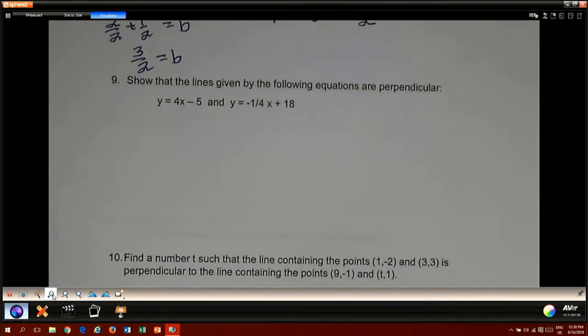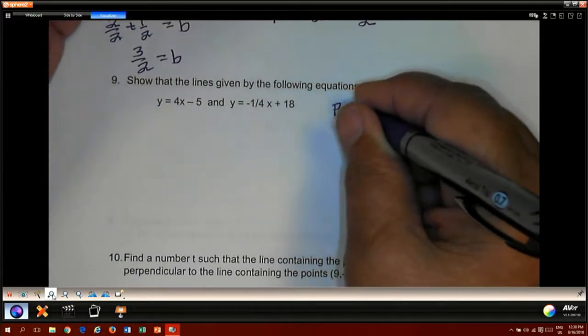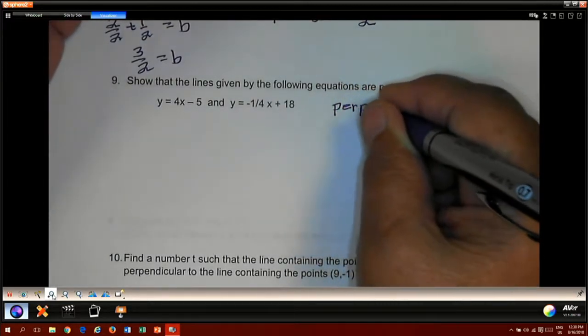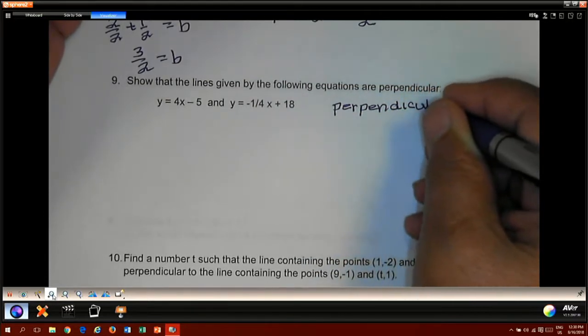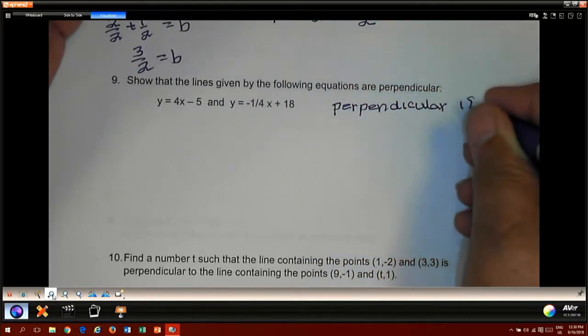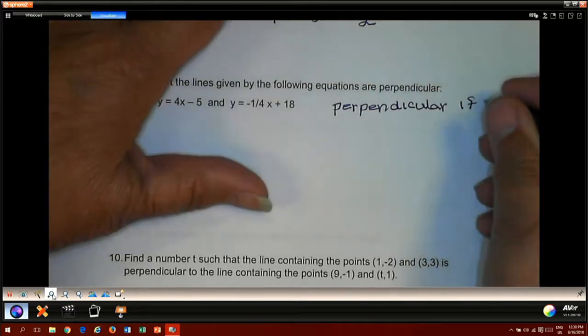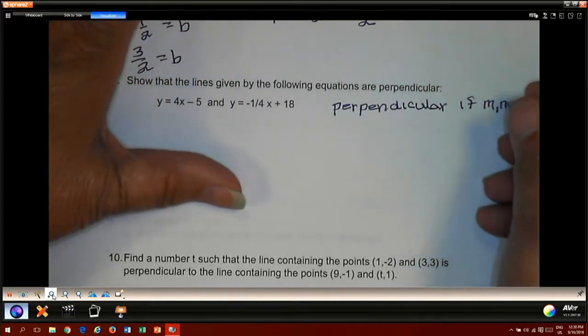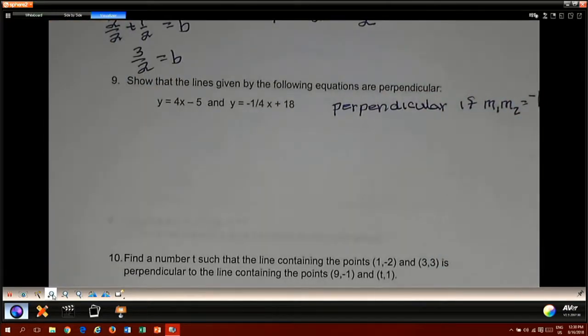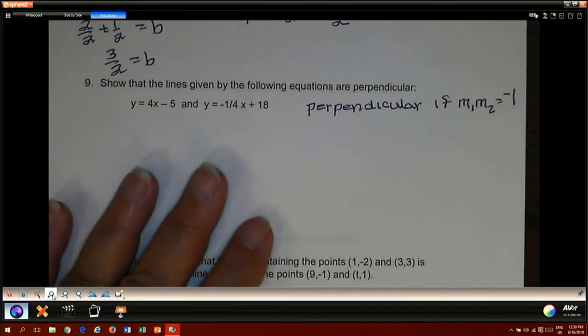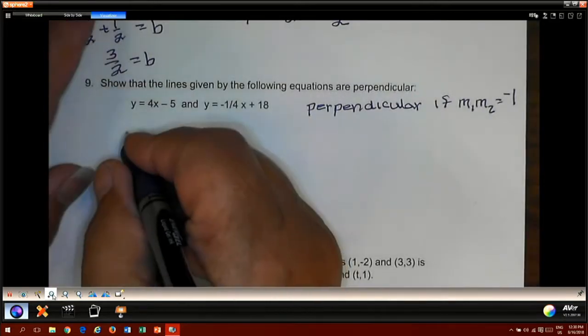Okay, perpendicular lines. Two lines are perpendicular if m1 times m2 equals negative 1. So if the product of the two slopes is negative 1.